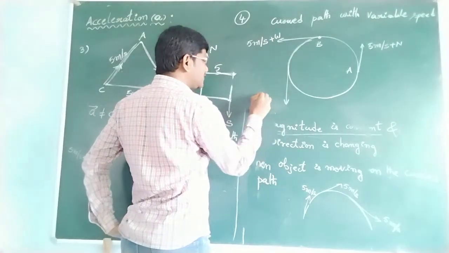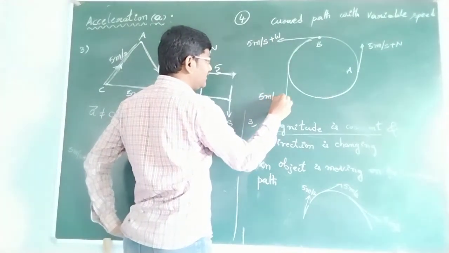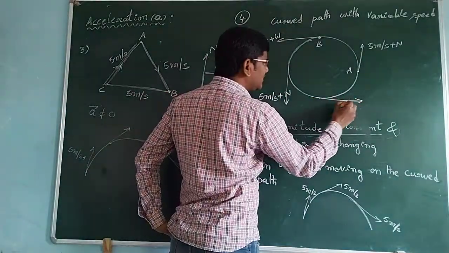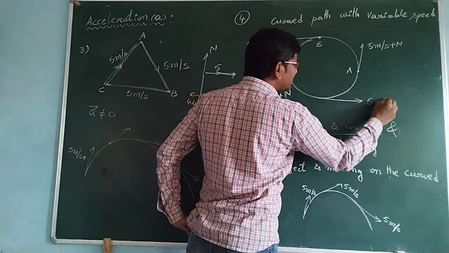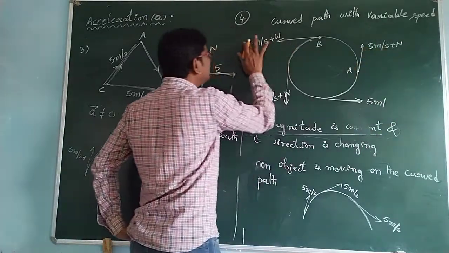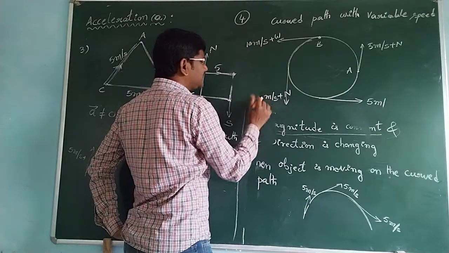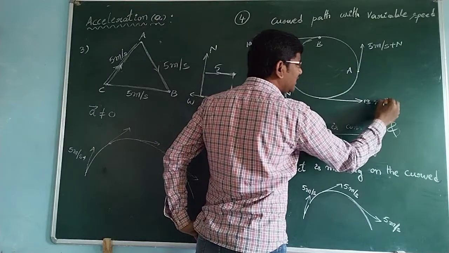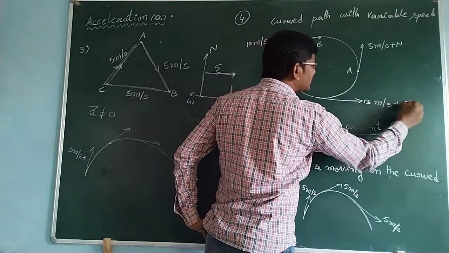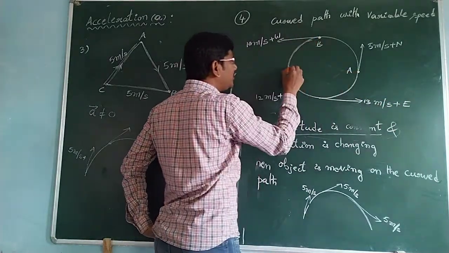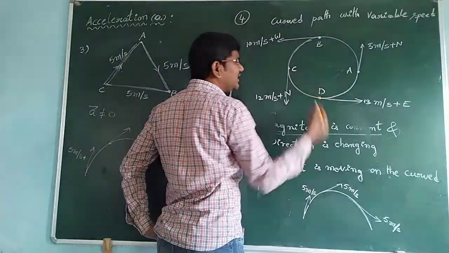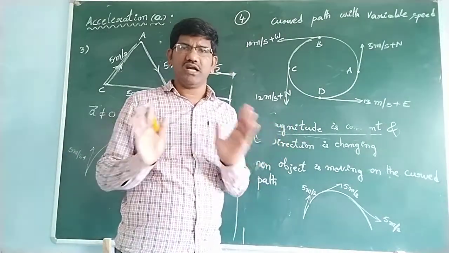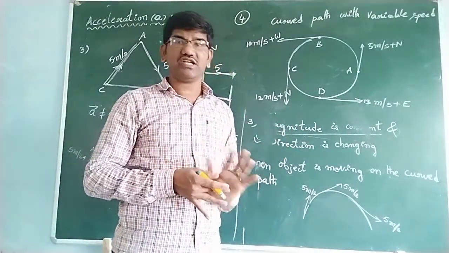No, here 5 you have taken, you take here 10, and you take here some 12, and you take here some 13 meters per second along the east. So this is at point A, point B, point C, and point D. It is moving with variable speed. Speed is not constant, and direction is also changing.